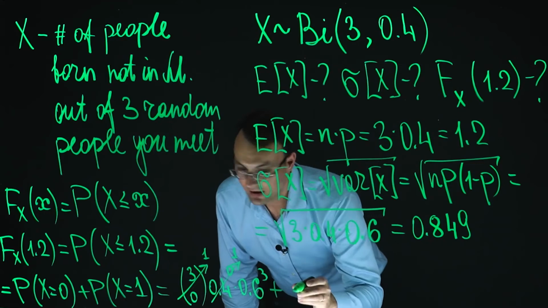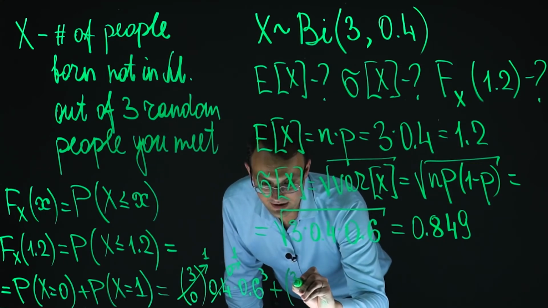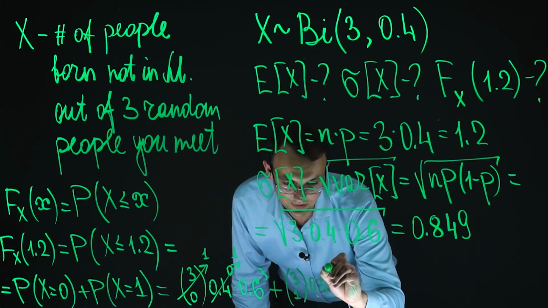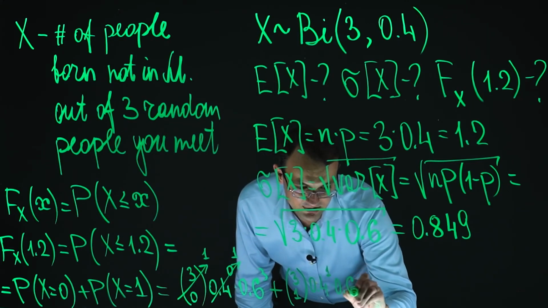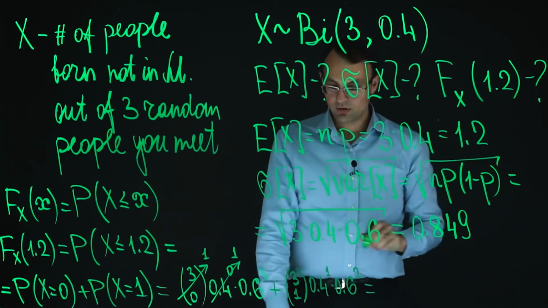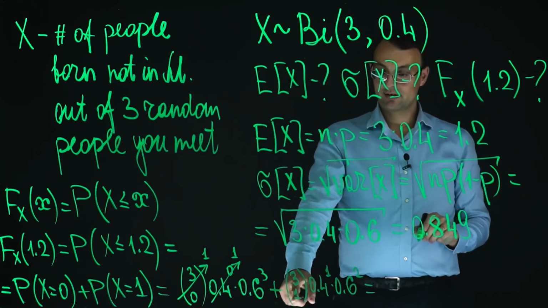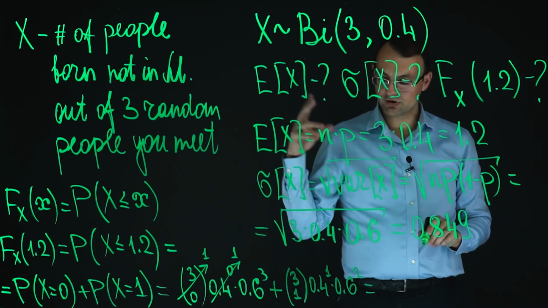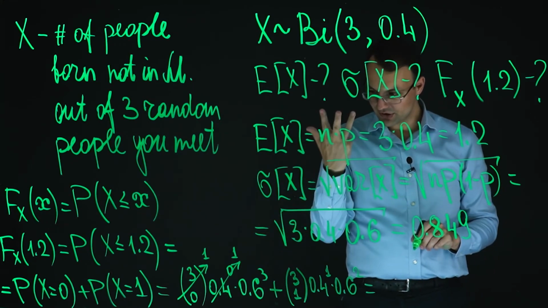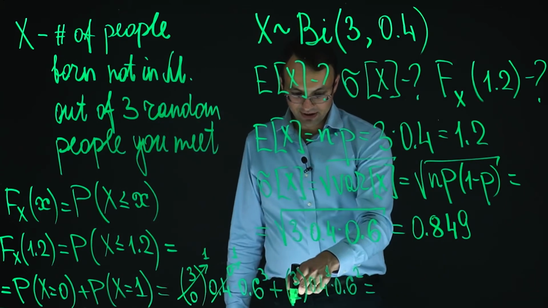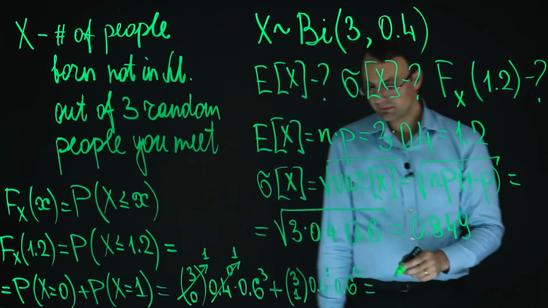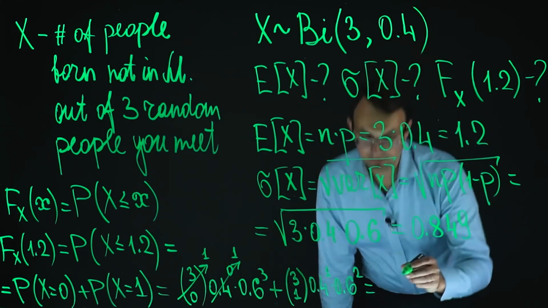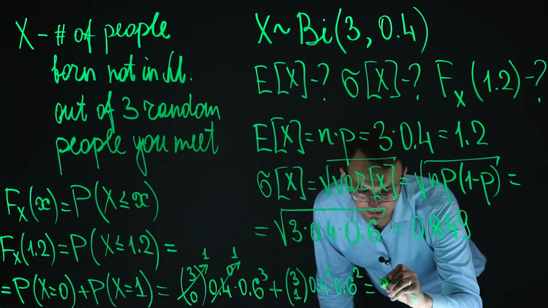And here we have 3 choose 1 times 0.4 power 1 times 0.6 power 2. So 3 choose 1 is 3. How many choices are there when we are choosing 1 out of 3? 3 choices. So this is 3, this is 0.4. 3 times 0.4 is 1.2.